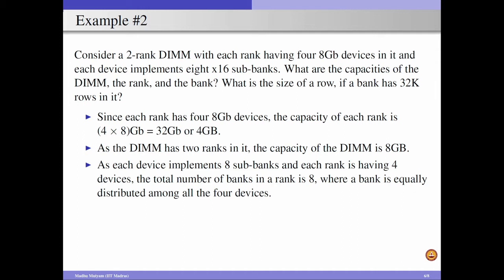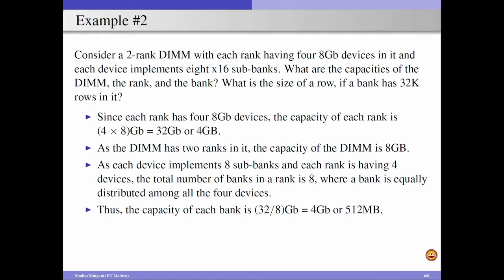So the total number of banks within a rank is 8. It's a simple thing: you just look at how many sub-banks there are within a device associated with a rank, and that is the total number of banks associated with that rank.